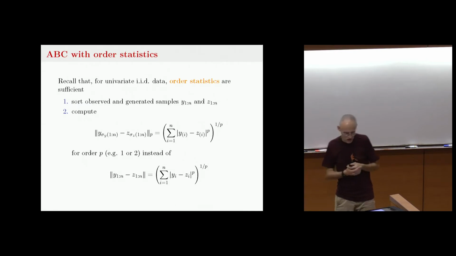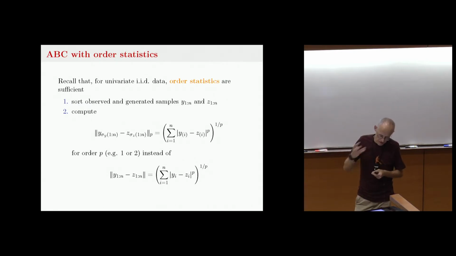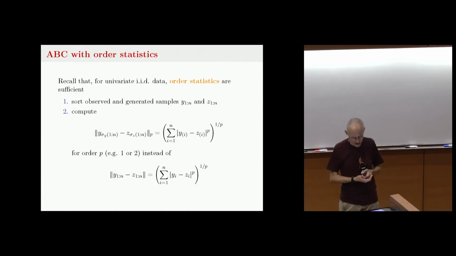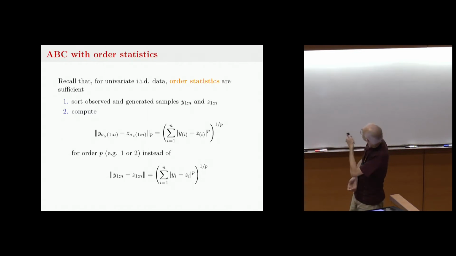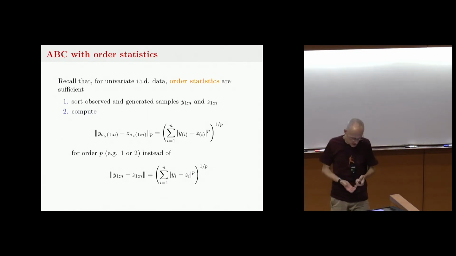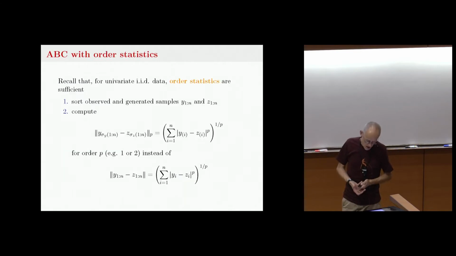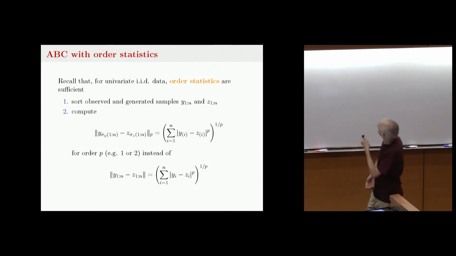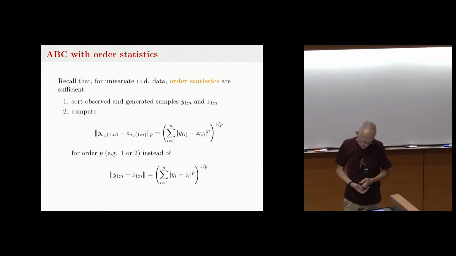That doesn't make much of a difference in terms of dimension, but still this brings the idea that what matters is this empirical CDF connected with the observed sample and the simulated sample. And of course, all kinds of versions could be proposed as well. So of course, numerically this makes a difference, but you can see that by ordering the observations, the variability of that distance will be much smaller than the variability of the other one.